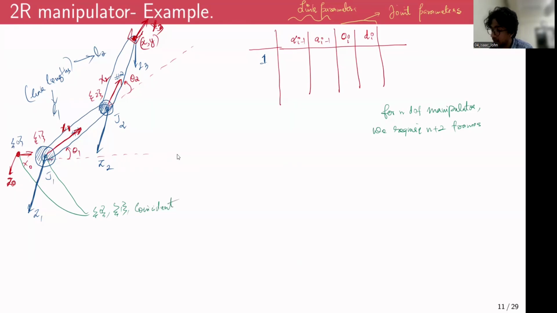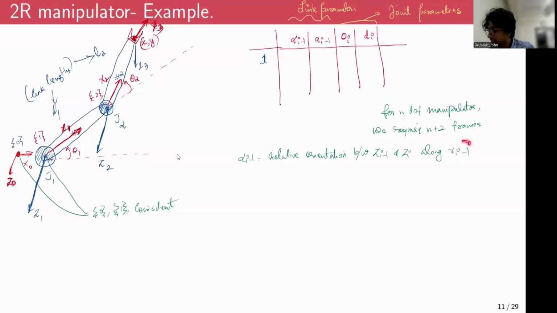If that is the case, what is alpha i minus 1? Alpha i minus 1 is the relative orientation between zi minus 1 and zi along xi minus 1.